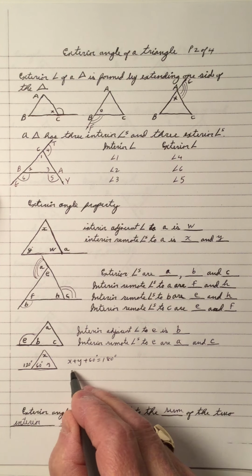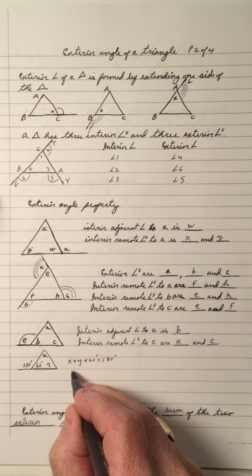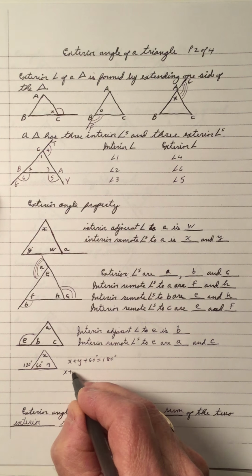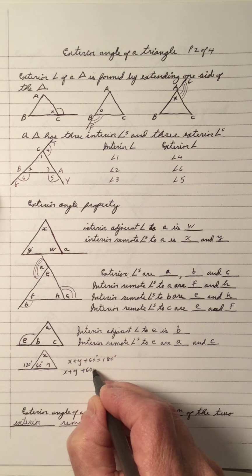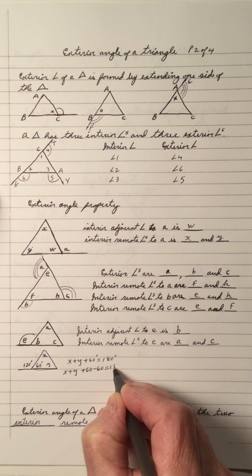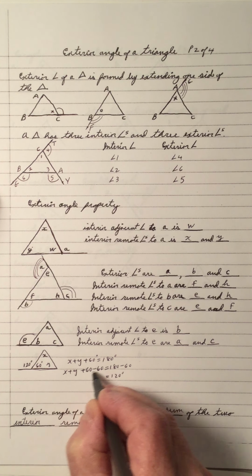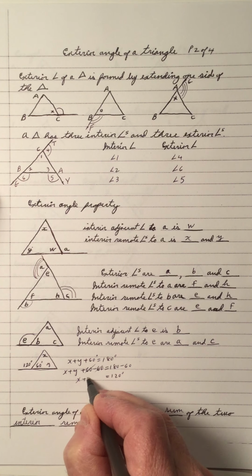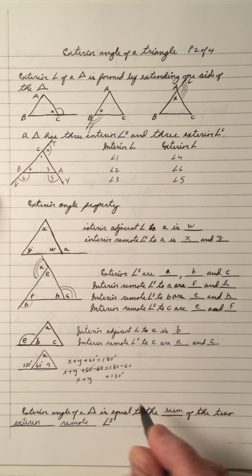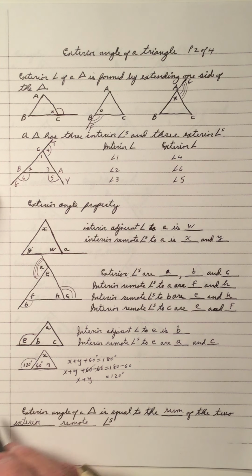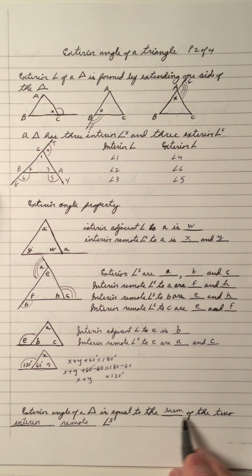If I subtract 60 off of each side, keeping it balanced, they cancel, and I get X plus Y is 120. So this exterior angle is 120. That's equal to the sum of those two.